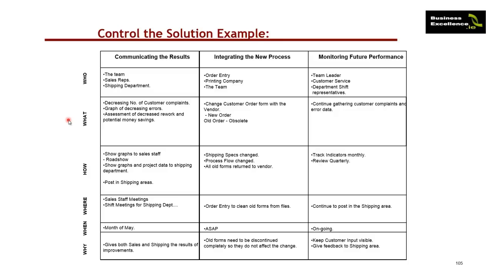We're going to tell them that the number of customer complaints is going to come down. We're going to show them how much money was saved. We're going to communicate how, so what changes were made, what was actually done. We're going to communicate where, so where are we going to tell people, what meetings, etc.? When are we going to do it, and why are we doing it?